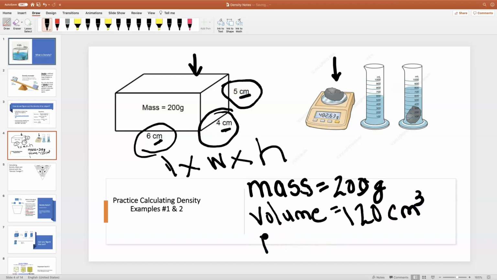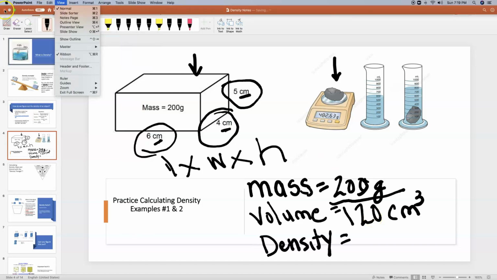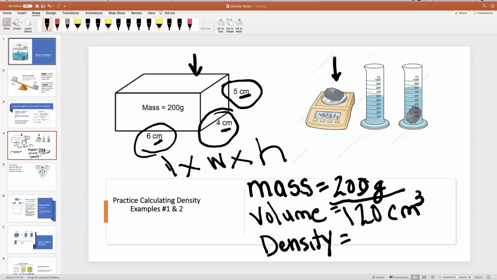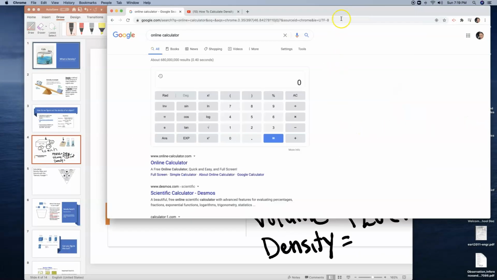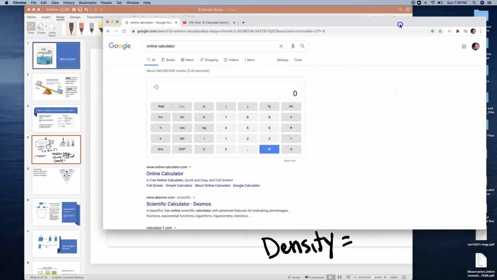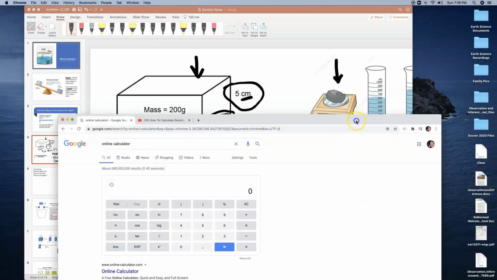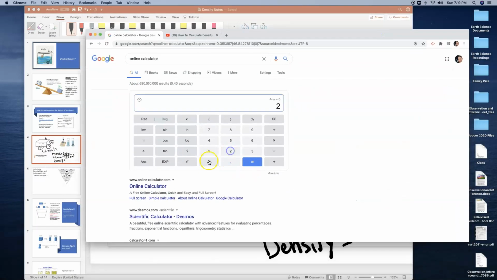Now, to find density, we all know it's a very simple formula at this point. All you have to do is divide these two numbers. So you do 200 grams divided by 120. If I put my pen down and minimize the screen just a tad here, I should be able to bring up my calculator. Again, it was 200 divided by 120.